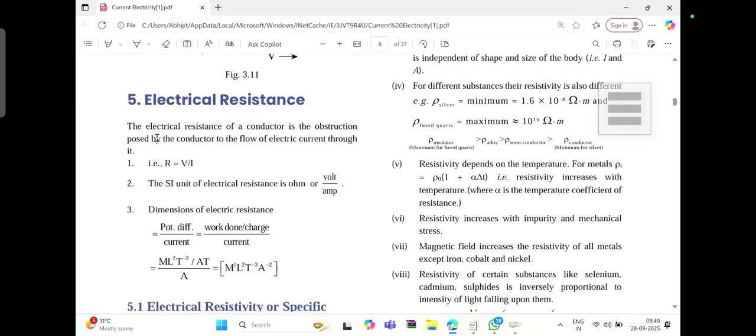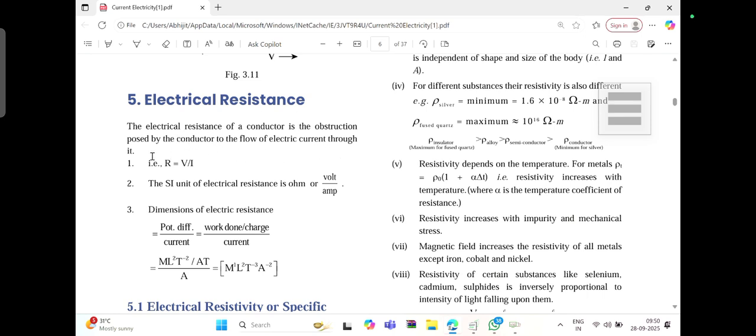Now the electrical resistance R. The electrical resistance of a conductor is the obstruction posed by the conductor to the flow of electric current through it.